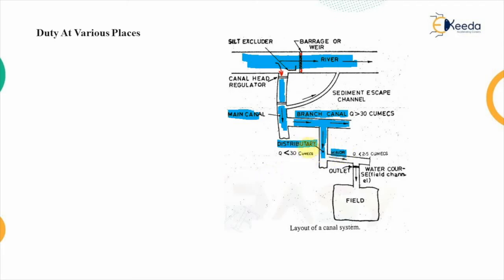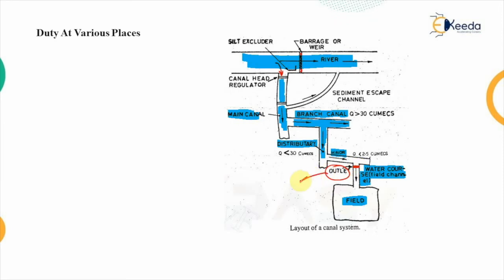Now out of these distributaries, if directly the water is taken to the field, the last network of this canal system, that is known as the water course or the field channel, which is taking water directly to the field. Now here an important installation is done, which is known as the outlet, which is provided at the head of the water course.